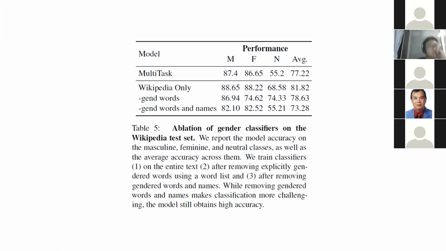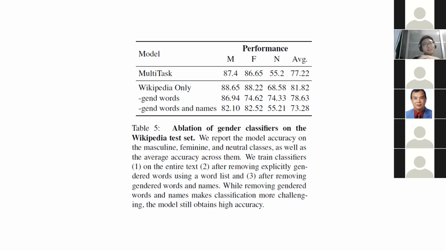Their work is based on the premise that models that use gendered words only in classifying are not so good, and that other words can have gender meaning that are not explicitly gendered. So they train the classifiers after removing gendered words and removing names.